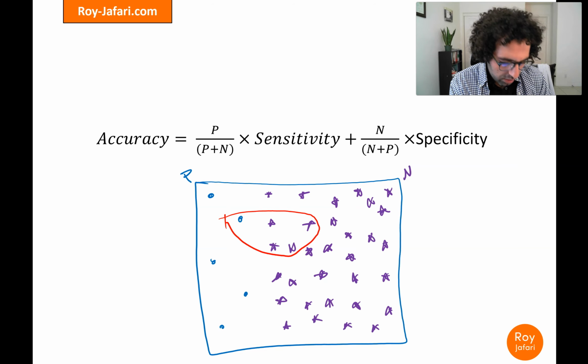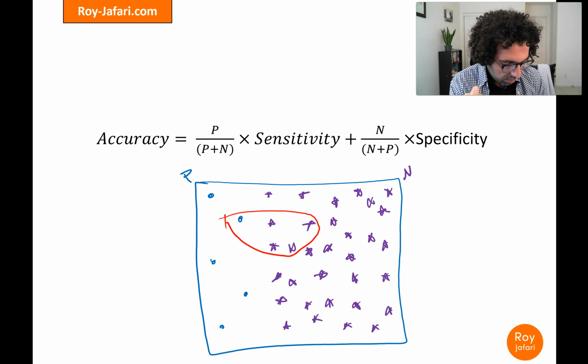By no stretch of the imagination is this a good classification, because what's important for us is being able to find these positive cases. And out of the 5 that we've selected here, only one of them is successful.